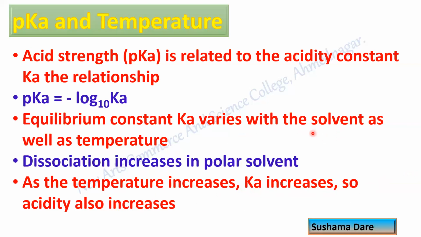So that is the major effect of the solvent and the temperature on the pK value or the acidity. If you use a polar solvent, it increases the acidity. If you increase the temperature, it also increases the acidity.